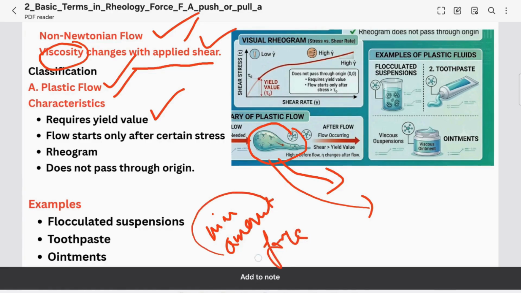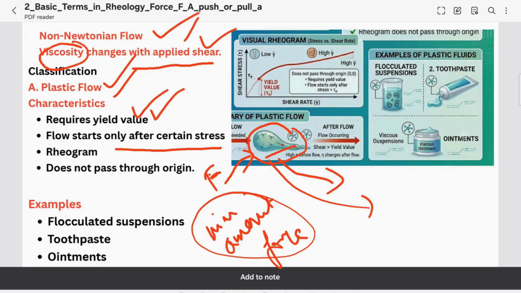That minimum amount of force which is required to cause the flow of this liquid is called the yield value. So the flow starts only after a certain stress.